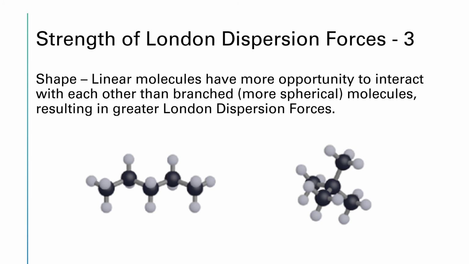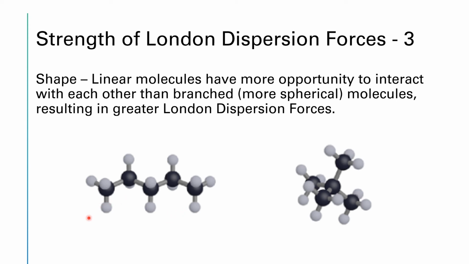The third factor affecting the strength of London dispersion forces is the shape of the molecules. If we have a linear molecule versus a more spherical molecule, which is also referred to as a branched molecule, we're going to have a difference in the London dispersion forces.